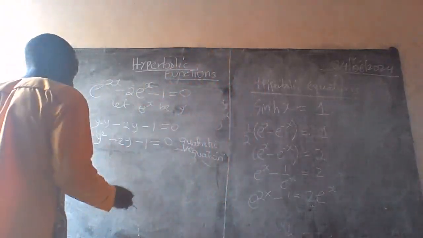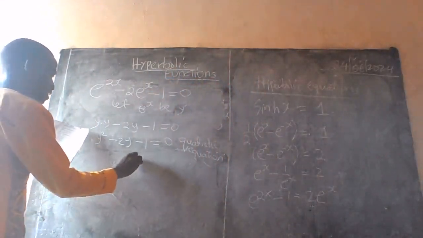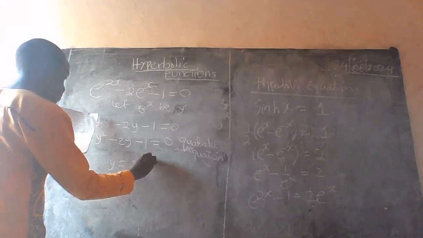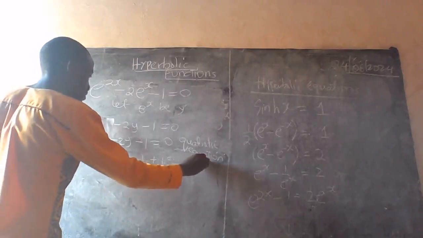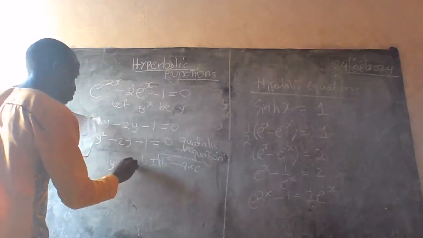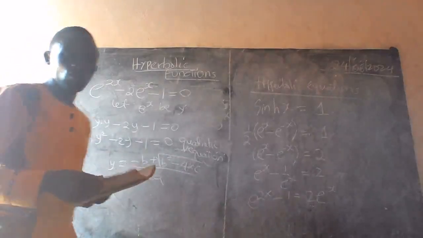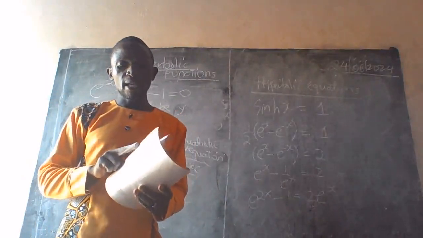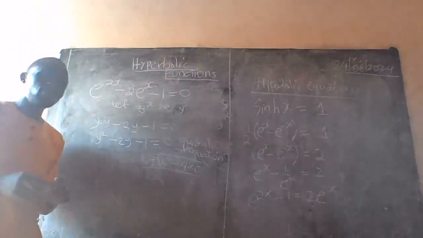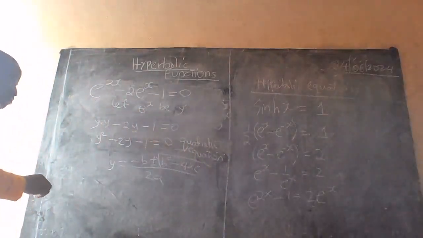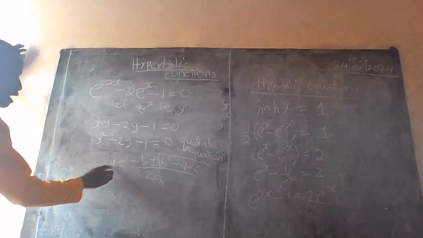On page 3, we are given that Y can be given by minus B plus or minus the square root of B squared minus 4AC, all over 2 multiplied by A. So you see the SMP is very handy for us in hyperbolic as well as other manipulations that we might be having.